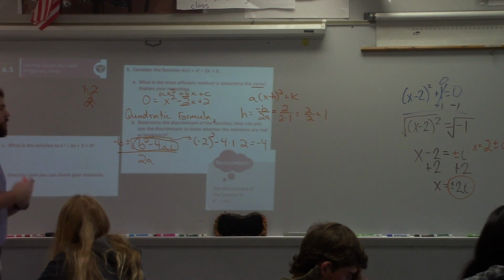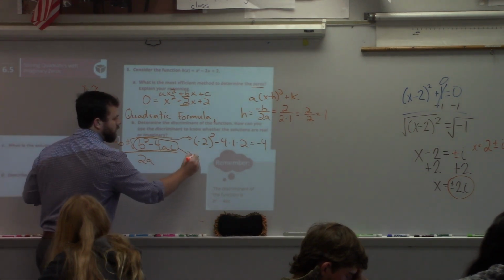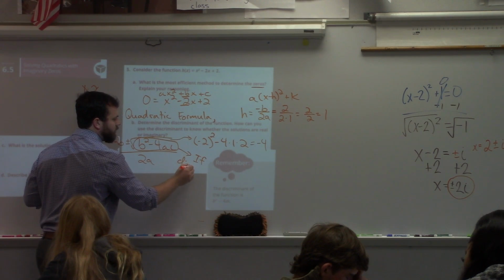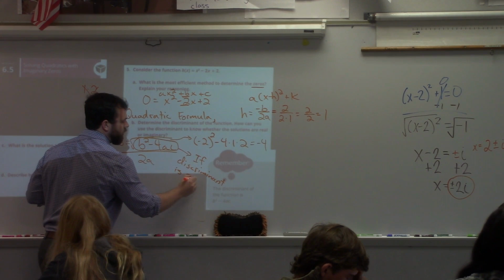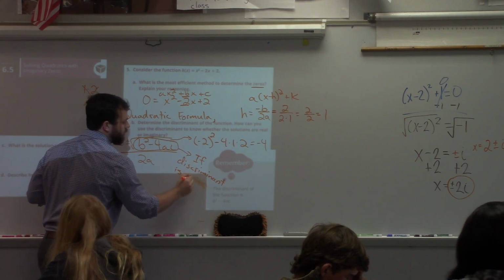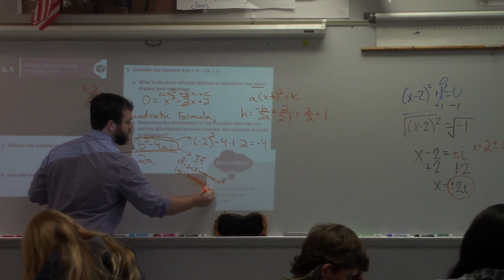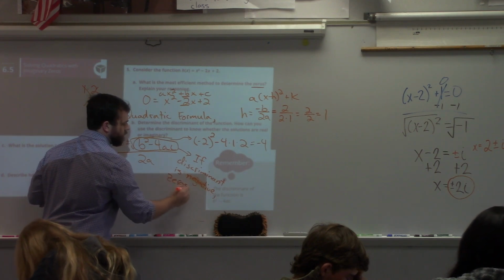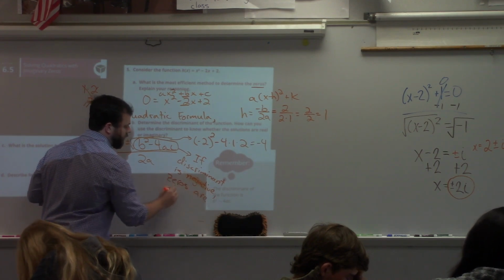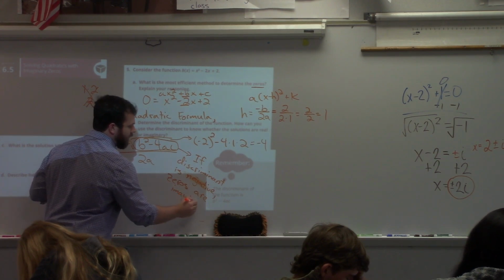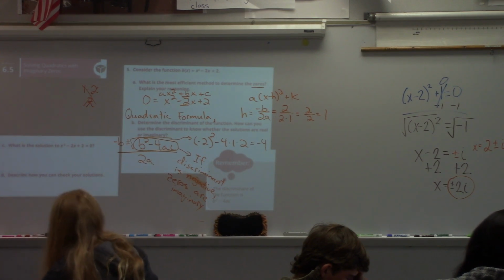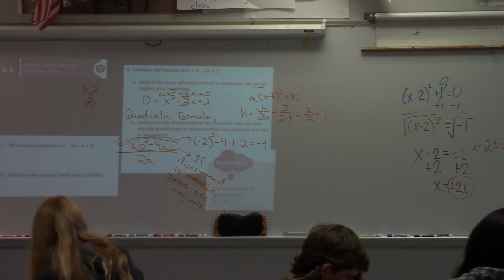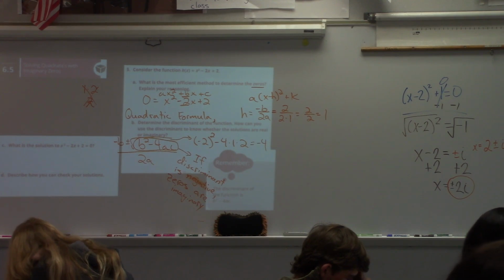And so if discriminant is negative, zeros are imaginary. So you now have two strategies to find out if your zeros are imaginary or not. If your discriminant is negative, just that b squared minus 4ac, then you have imaginary zeros.